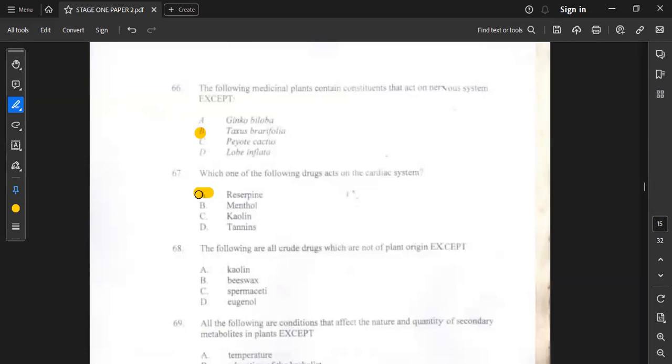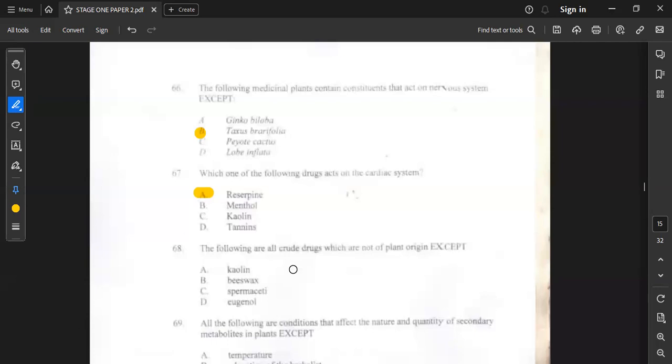Yes, and it's from which part of the plant? I think the roots, because they are more like a snake in type, that's why the serpentina. I think, yes, the roots. Yes, it's from the roots.